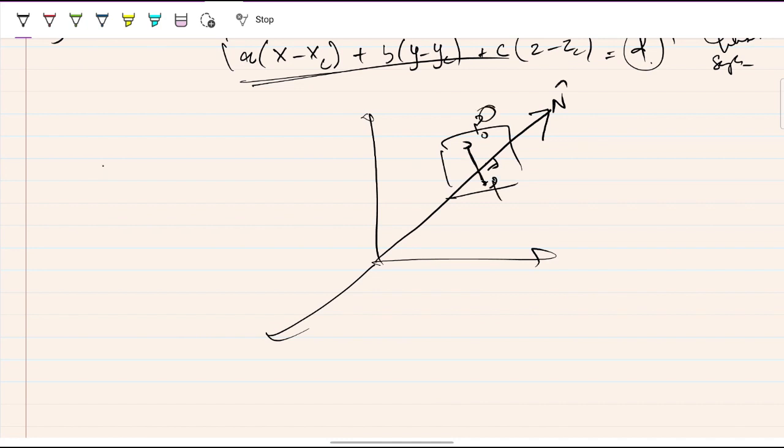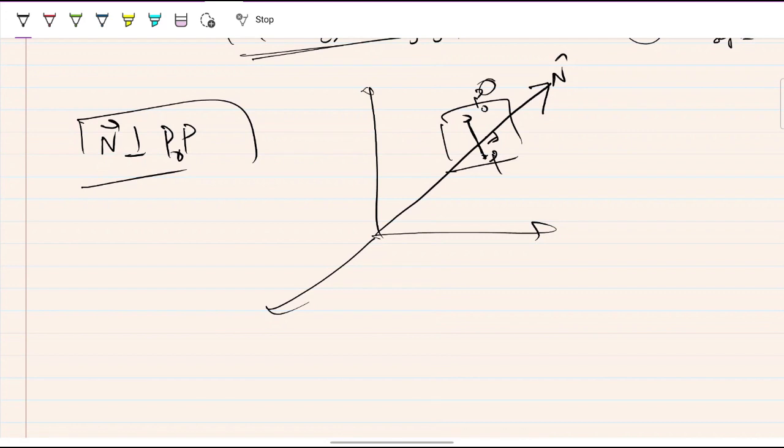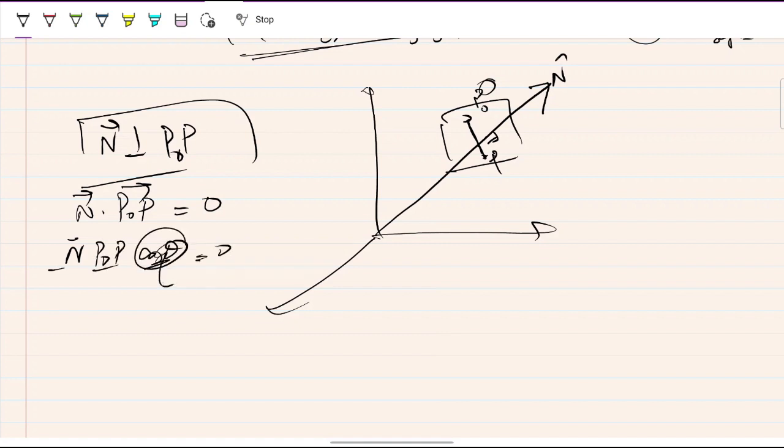Since this normal vector is perpendicular to the line P naught P, what does that mean? The dot product of the normal vector with the line P naught P is equal to 0. What is the dot product? It's the magnitude of n times the magnitude of P naught P times cos theta, which is equal to 0. Since theta is 90 degrees because it's perpendicular, n dot P naught P is equal to 0.